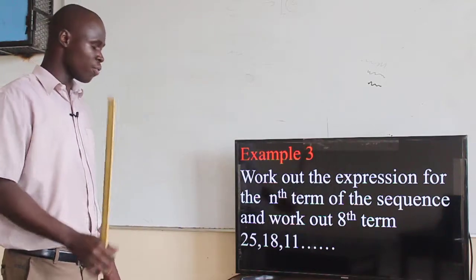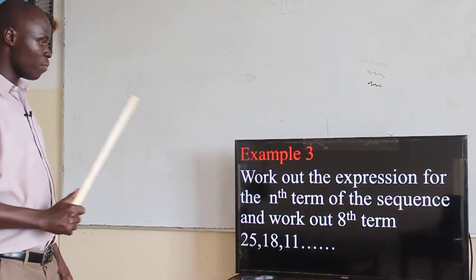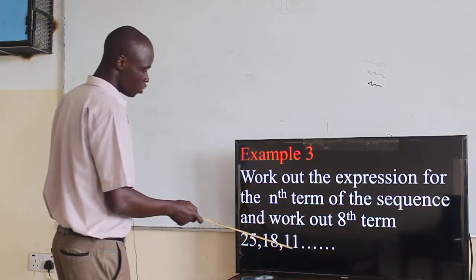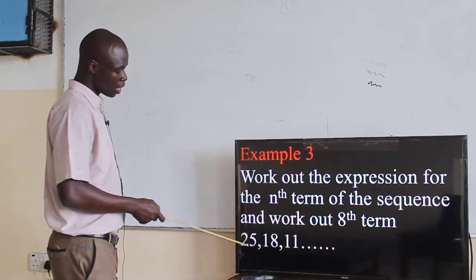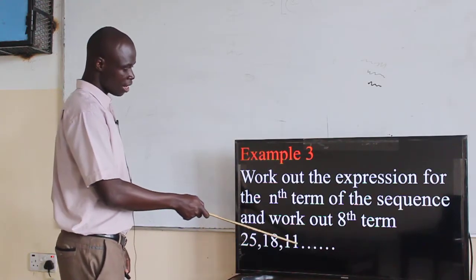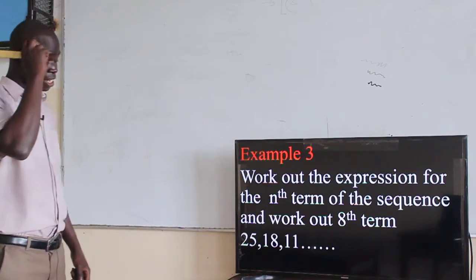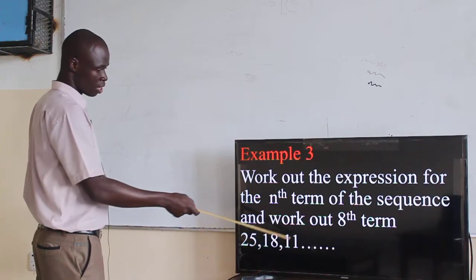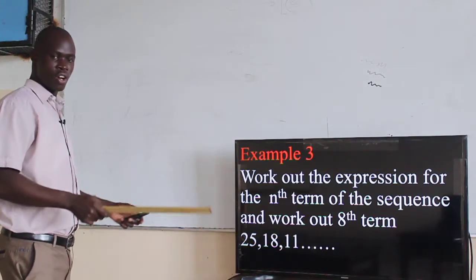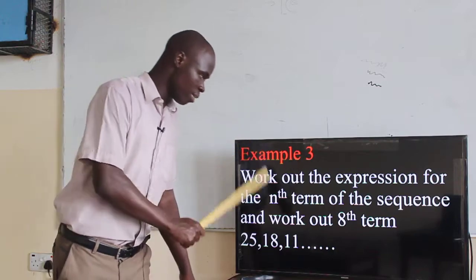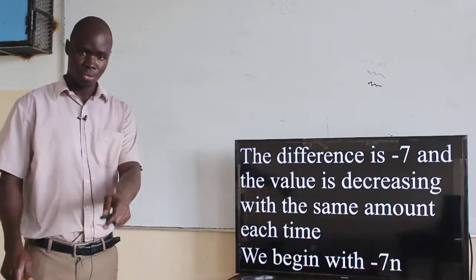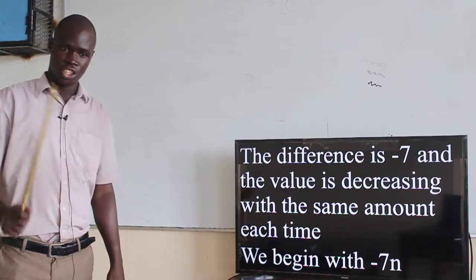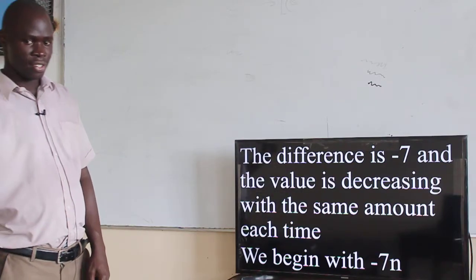That means the value we are going to attach to n has to be negative. 18 minus 25 will be negative 7. 11 minus 18 will be negative 7. So you take the second minus the first, the third minus the second, and that's how we get the value to attach to n. Now the difference is negative 7, and the value is decreasing by the same amount each time. You begin with negative 7n.